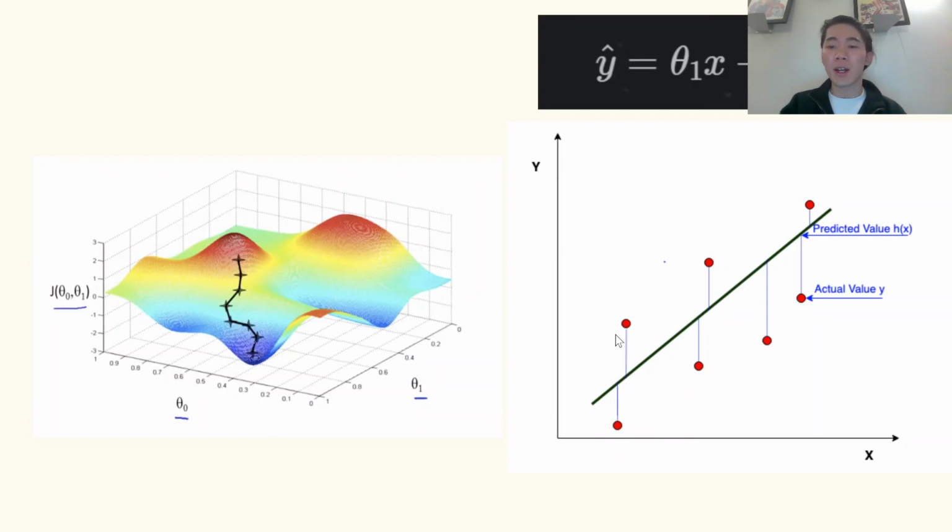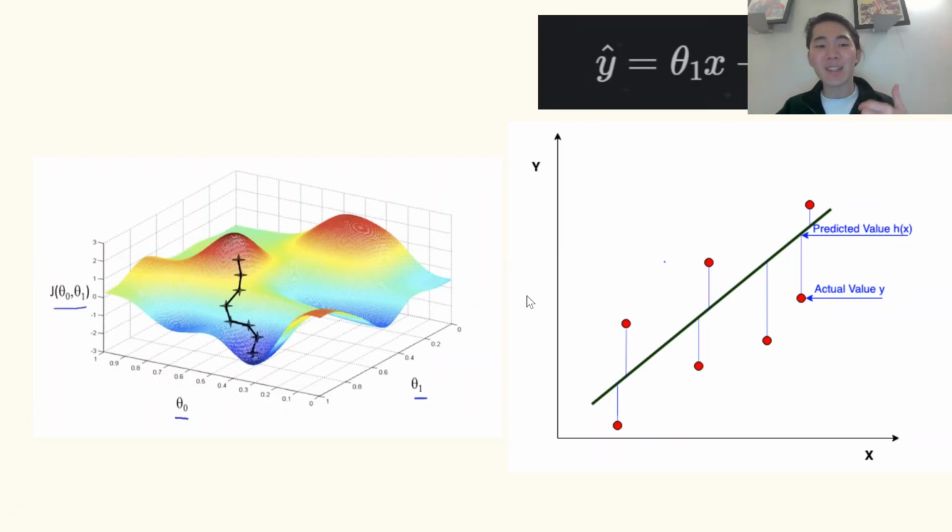Depending on the different values chosen for theta 1 and theta 0, you'll have this kind of surface, and you want to choose the exact combination of theta 0 and theta 1 such that your loss is minimized as much as possible.